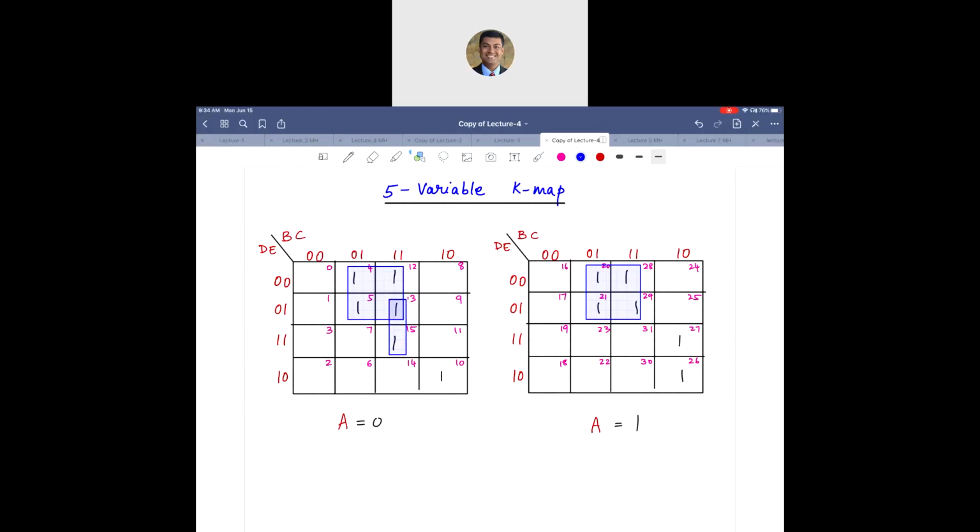How about this guy? 27. 27 can only be combined with 26. How about 10? Cell number 10, can it be combined with anyone? 26. Absolutely right.